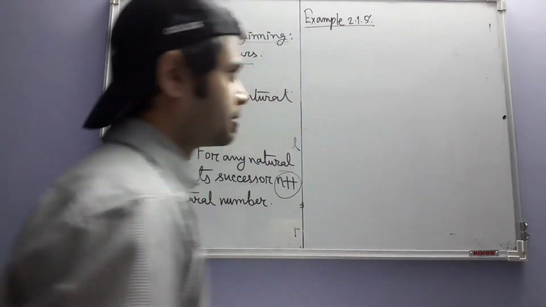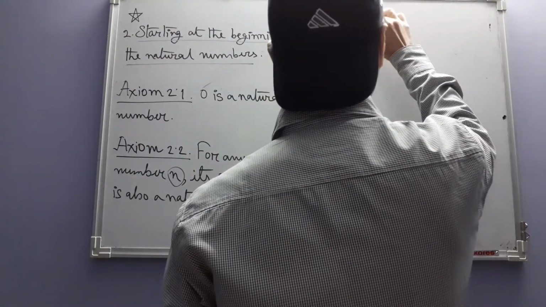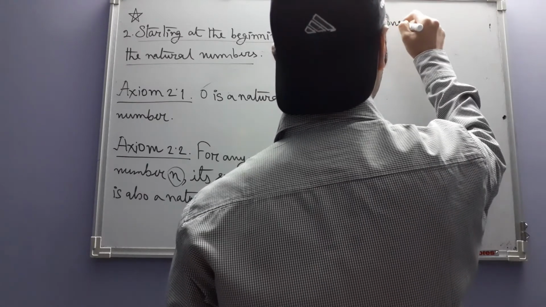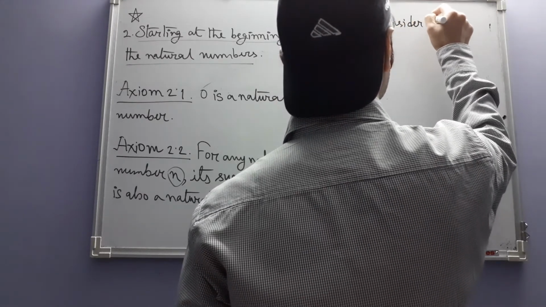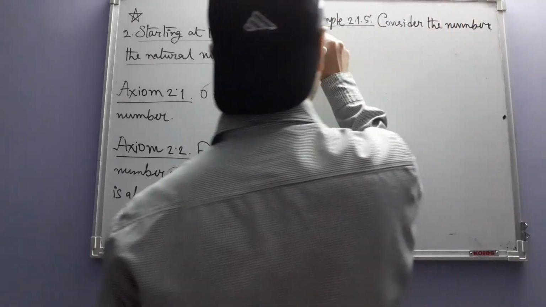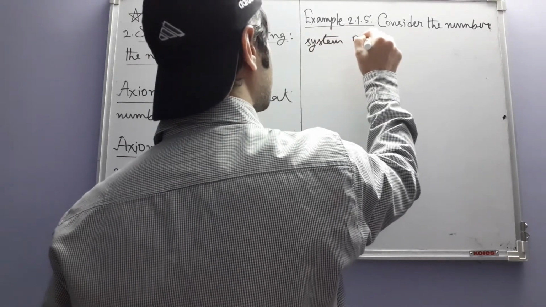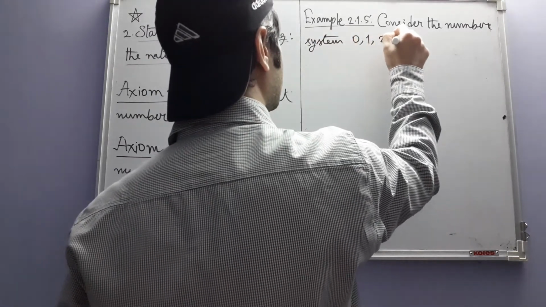Example 215: consider the number system 0, 1, 2, 3.